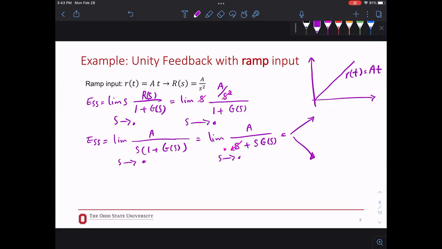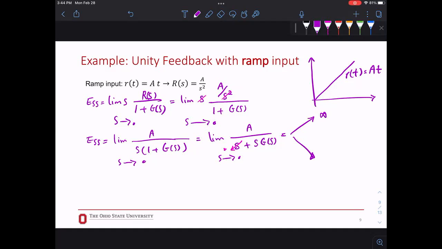First, what does the error depend on when S goes to 0? It depends on the transfer function again, right? Because the error is A over S G of S. So if S G of S becomes 0 somehow, what would be the value here? Infinity, right? If S G of S is non-zero, you will have a constant value.